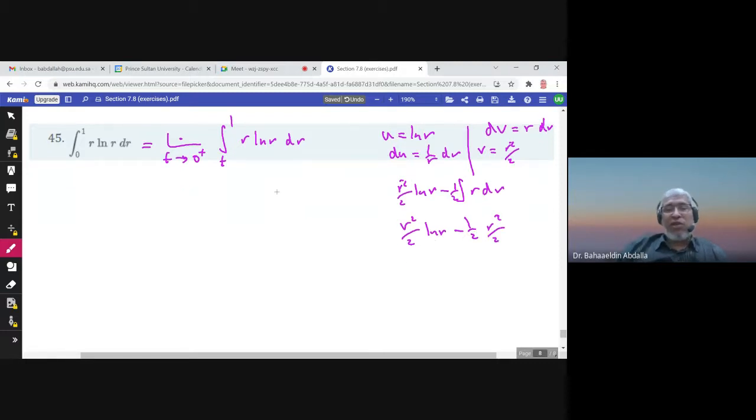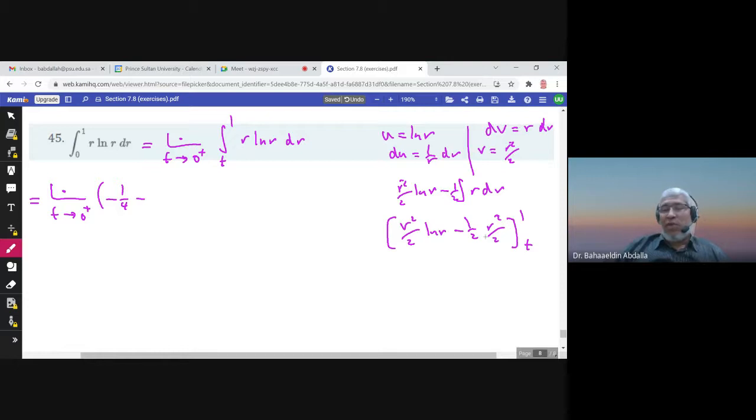That's this integral. And now I take it from t to 1. So it would be equal to the limit as t approaches 0 from the right. Replace r by 1. ln 1 is 0. So I have negative, r is 1, negative 1 over 4.